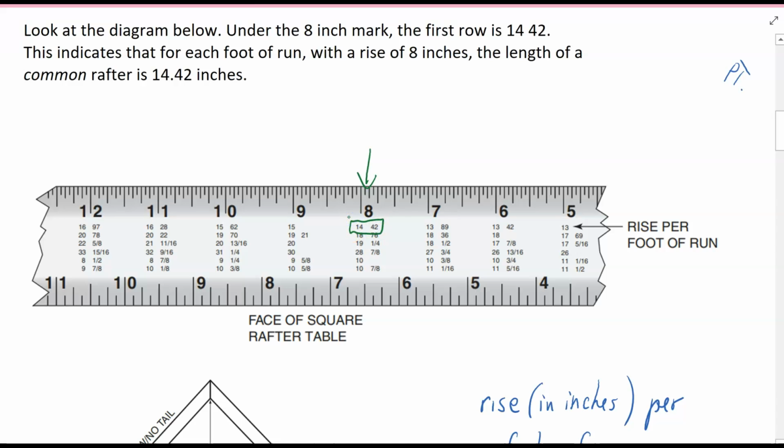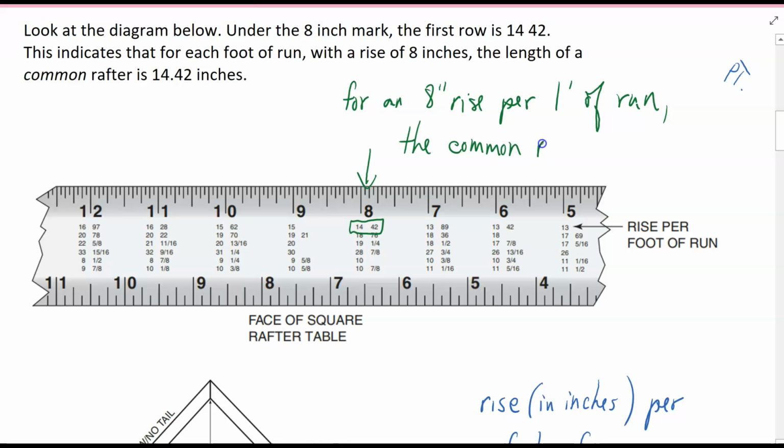And what this means is that for a rise per 1 foot of run, so for an 8-inch rise per 1 foot of run, not run, the diagonal, or the common rafter, has a length of 14.42 inches.